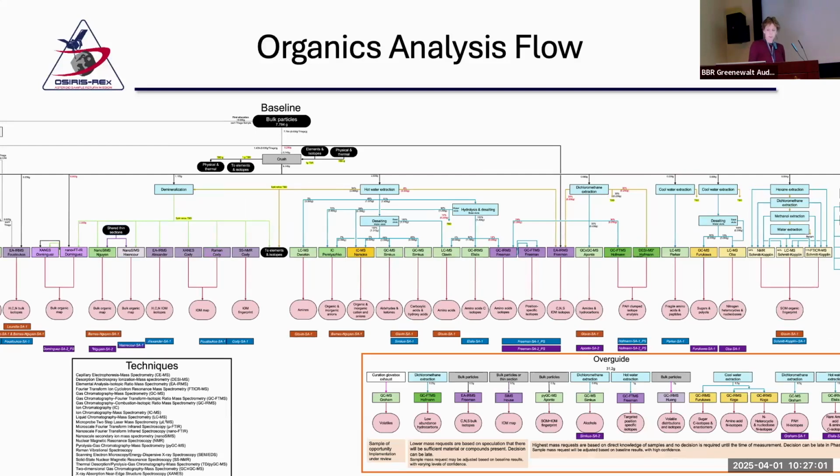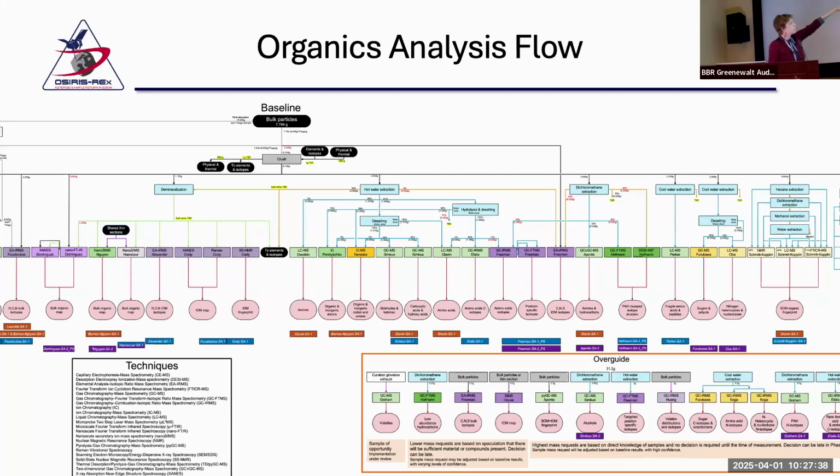I hope you were dazzled by that animation. It took a long time for me to figure out how to make it happen. Each one of these pink boxes that you can barely see is a different analyte of interest. Each one of these squares that you see is a different instrument doing that analysis. All of those arrows that you see going everywhere, and we'll zoom in to look at these in a little bit more detail, are pathways from the bulk rock that the organic analysis group was given to different people who are doing those analyses.